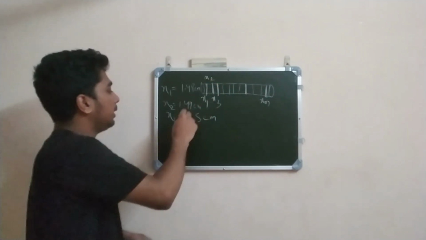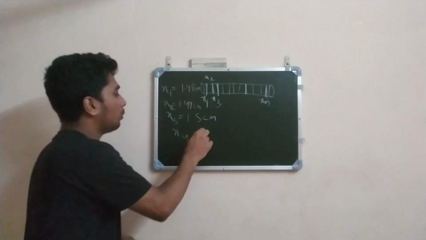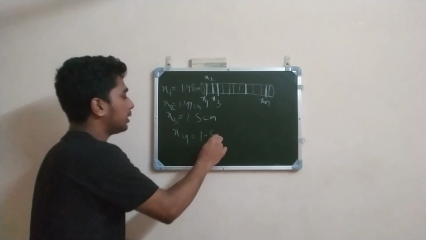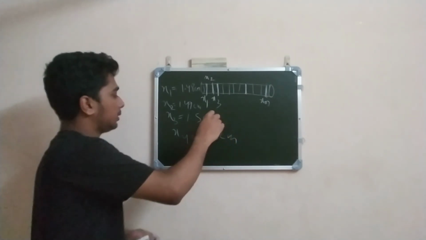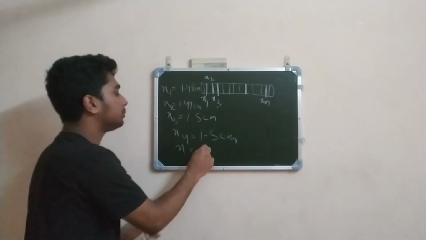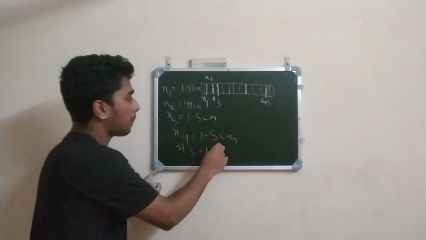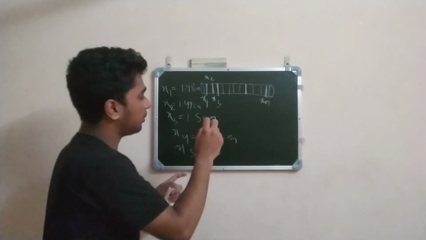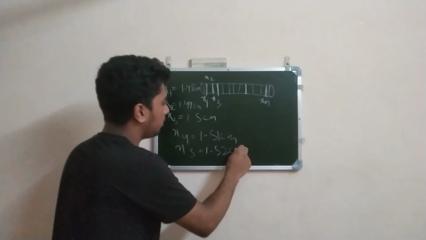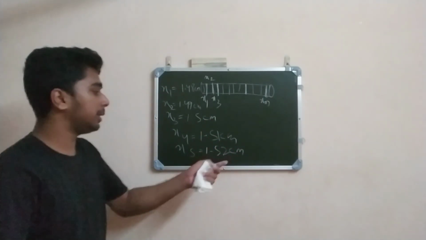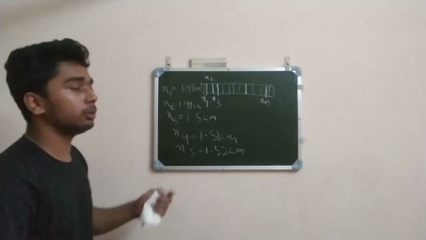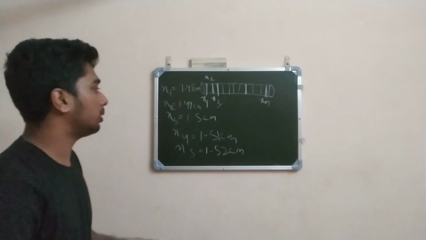And here x4 is equal to 1.51 centimeter, and x5 is 1.52 centimeter.